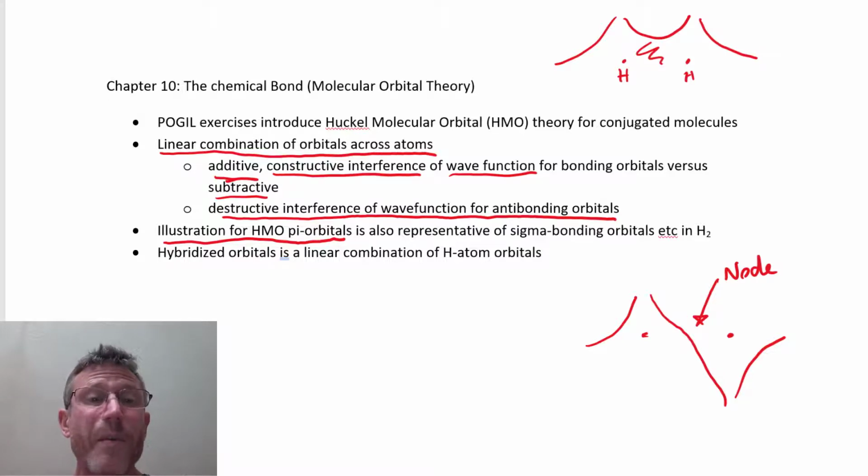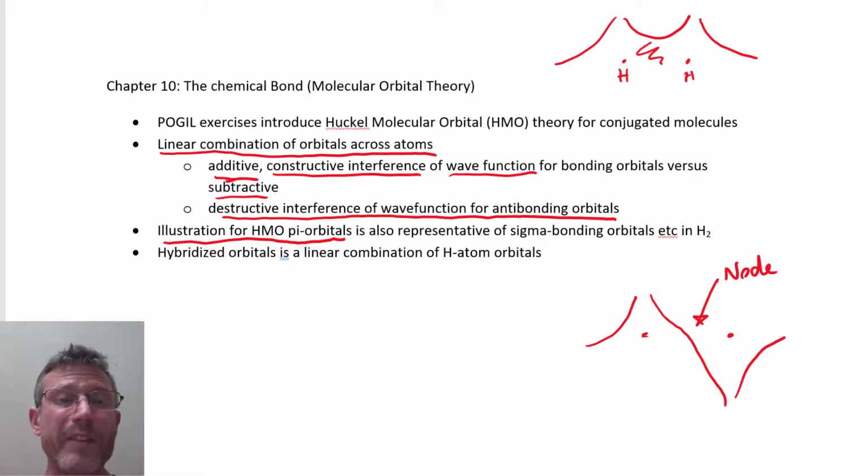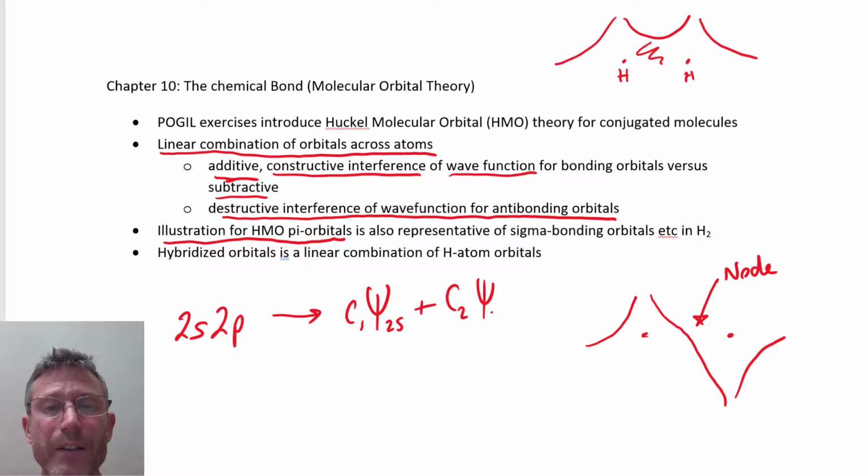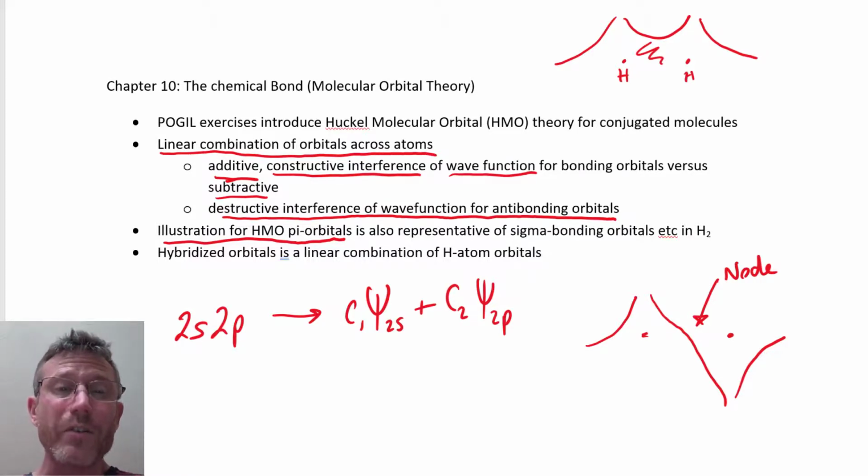I also just said that hybridized orbitals, what we're doing there is we can consider one electron in a combination of orbitals. So we might take a 2s orbital and a 2p orbital, and we kind of sum them together actually, and take a little bit of, say, coefficient, a little bit of the 2s orbital plus a little bit of the 2p orbital. We sum them together, we're going to get some linear combination of those orbitals.